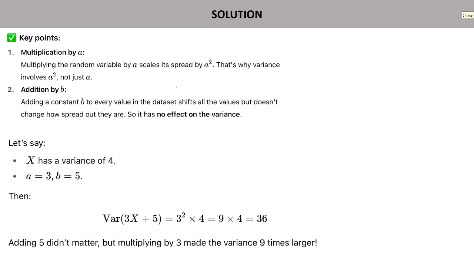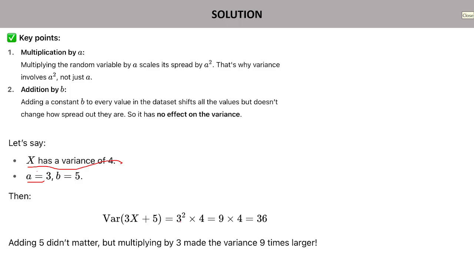But if you multiply the random variable, then the variance will change by the square of its value. Okay, so this is the property of variance. Here is an example: if x has a variance of 4, a is 3 and b is 5, meaning 5 is added to the values and they are multiplied by 3, then the variance of 3x plus 5 will be a squared into variance of x.